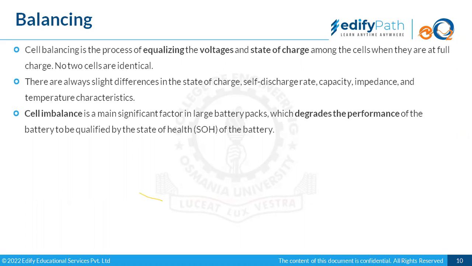So at the end, if a battery is fully charged and has reached its maximum upper limit voltage, say we take an example of a 48-volt nominal voltage battery pack, if you fully charge it, it would reach say 54.6 volts, the upper limit we have set.